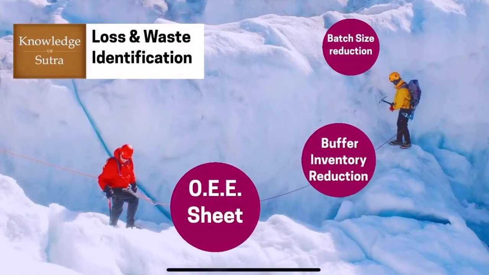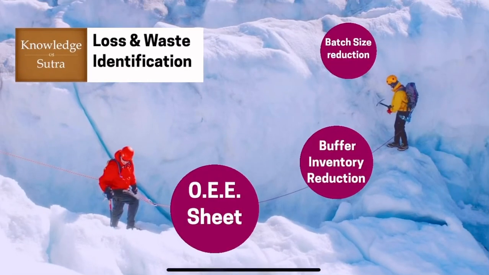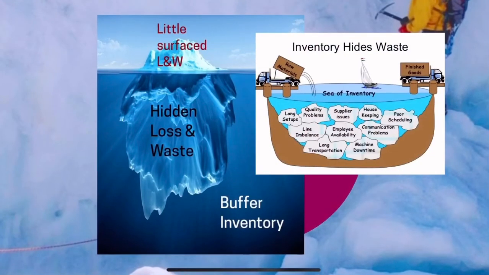Now let's talk about the second way of identifying loss and waste in any system, that is buffer inventory reduction, or inventory reduction. It is the most highly talked about way of identifying loss and waste in any manufacturing system by most of the lean experts.